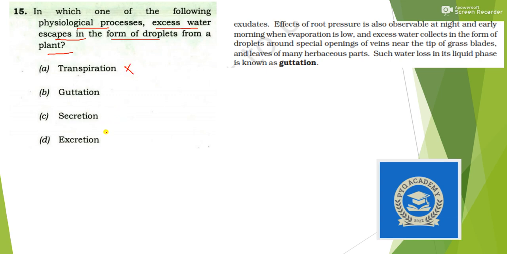Then secretion, excretion. We do not know about guttation, as it is not given in NCERT up to class 10, but it is given in higher NCERT. So guttation is the answer. Guttation is the process in which the excess water escapes from plants in the form of droplets. So the answer is option B.